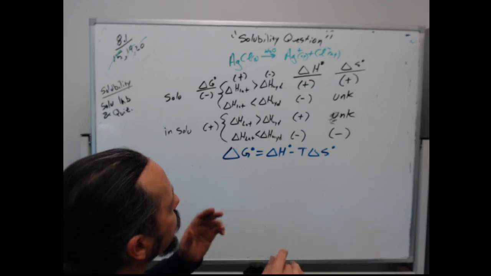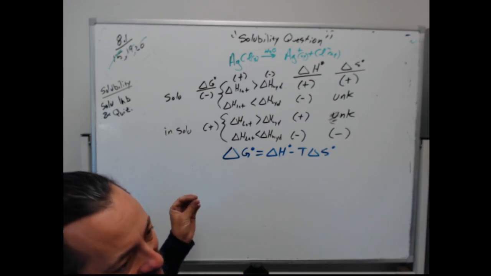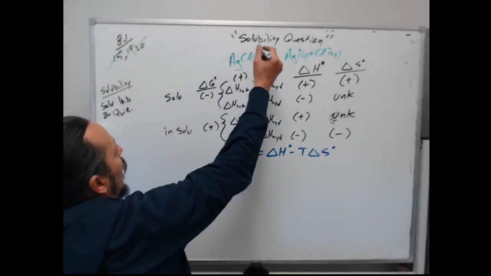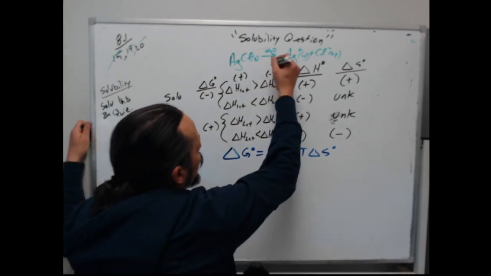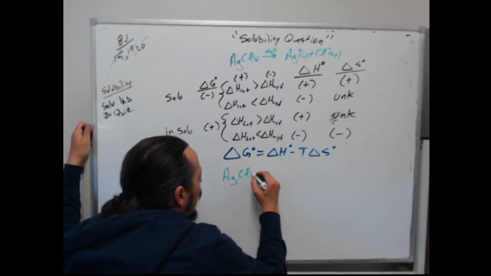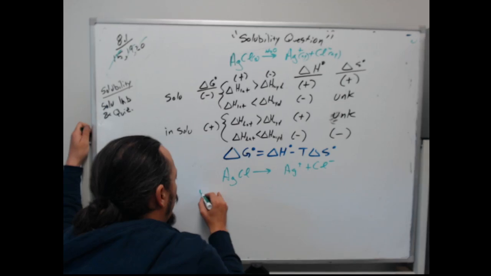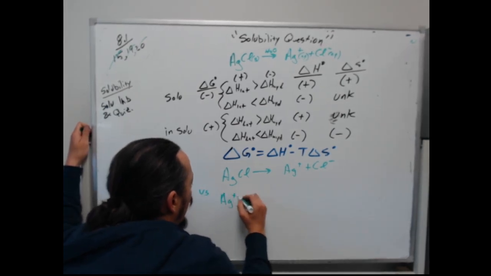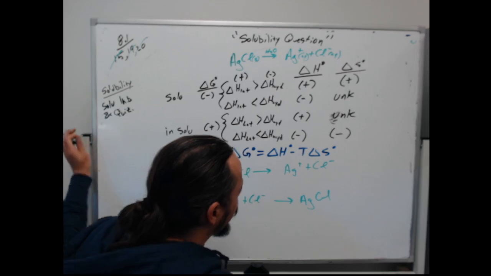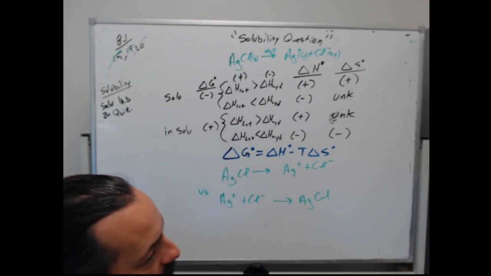This is all the information that's in the first sentence, and then that second sentence becomes so important. So this would be for the delta G. How do I write that? I didn't give myself enough space. So this is AgCl going to Ag plus Cl minus versus Ag plus Cl minus going to AgCl. We know these two reactions are just opposites of each other, and so all of the signs just flip.